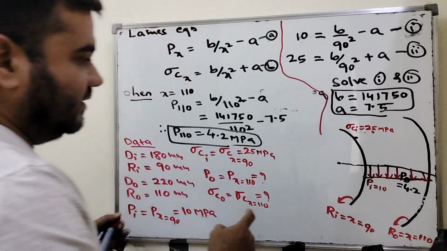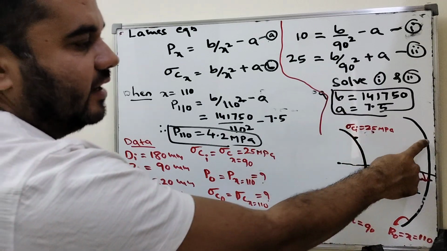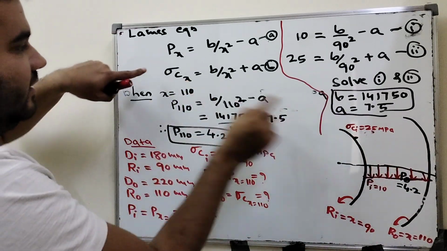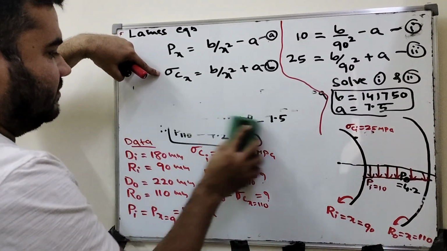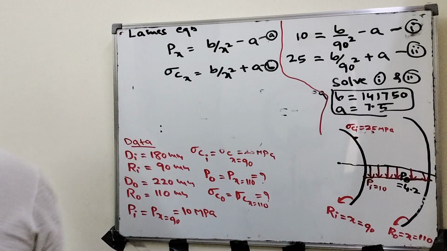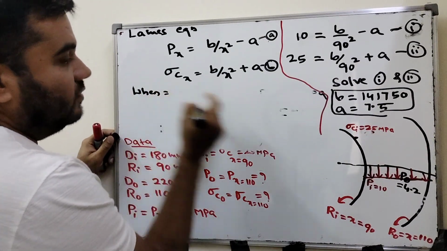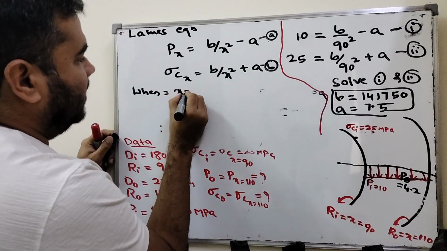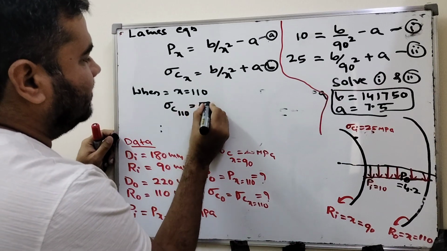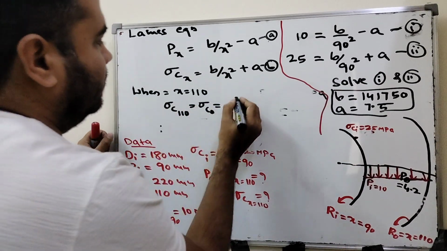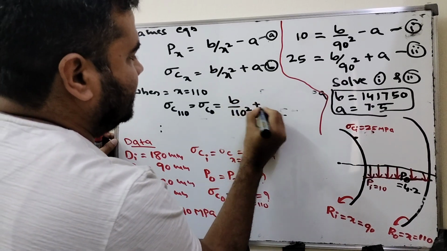Next come to the circumferential stress. Here in the inner wall it is 25 MPa. We will calculate the outer wall. For that we have to use this equation, right? Use the second equation of the Lame equation here. When x equal to 110, we want the outer, sigma c at 110, that will be sigma c naught, equal to b by 110 square plus a.